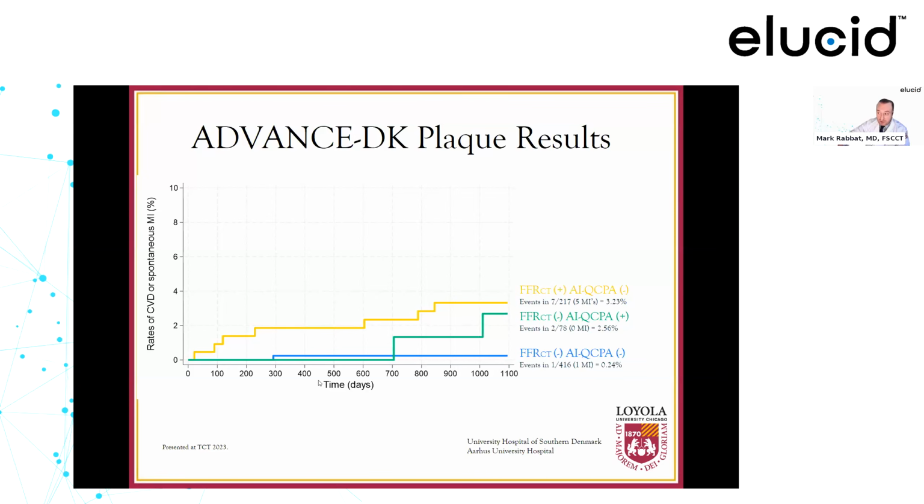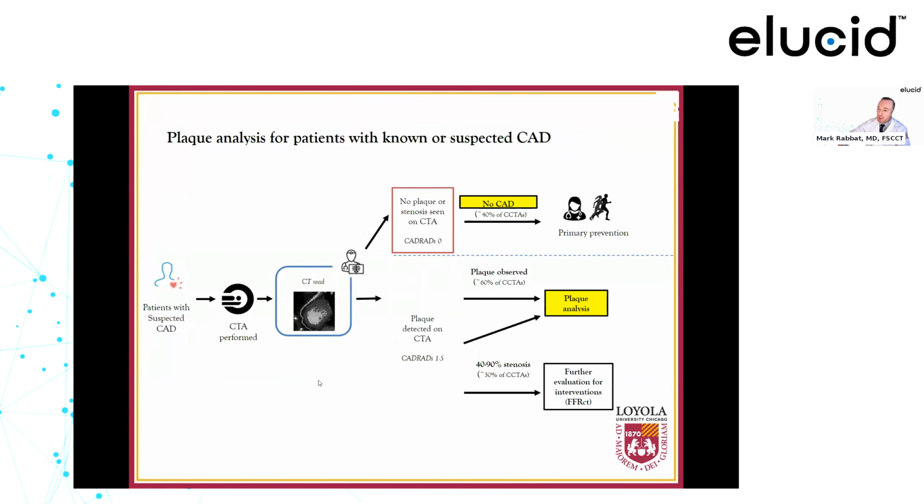Those that had a positive FFRCT, but no significant quantitative coronary plaque analysis, had slightly higher rates of adverse events, and those that had both positive FFRCT and significant quantitative coronary plaque analysis had the worst prognosis, with the highest rates of downstream cardiovascular death or spontaneous myocardial infarction. So both hemodynamics and plaque appear to be important in risk prediction.